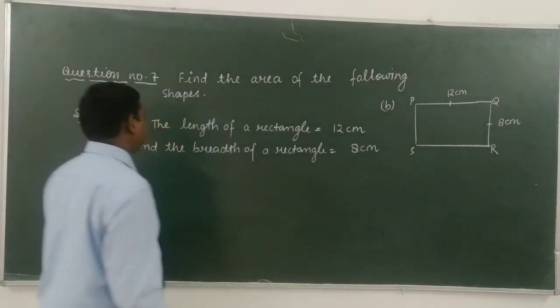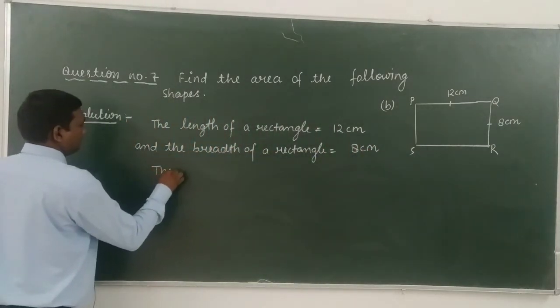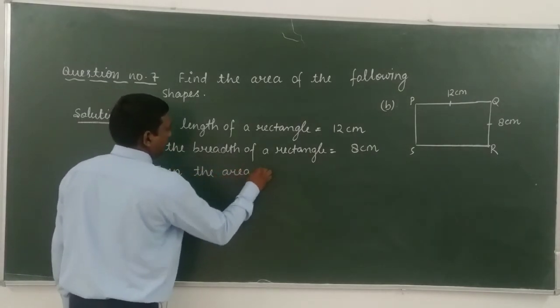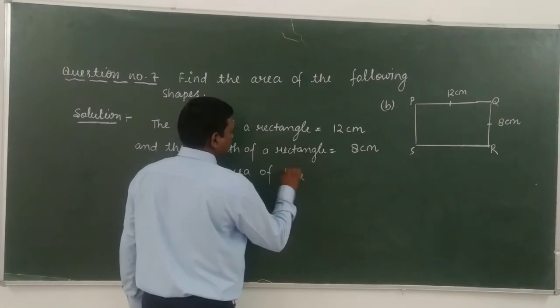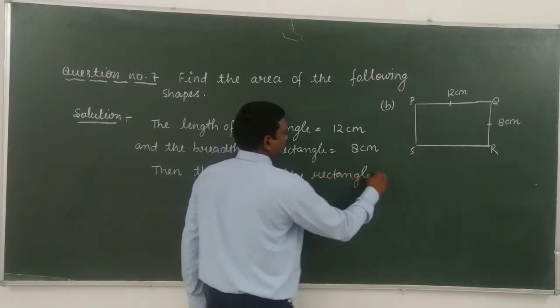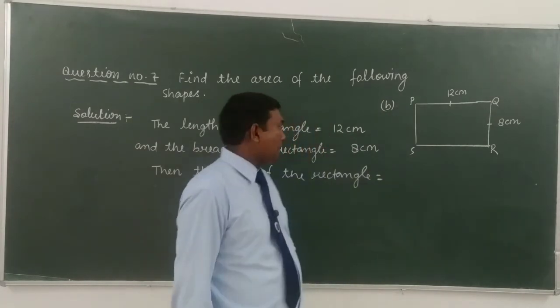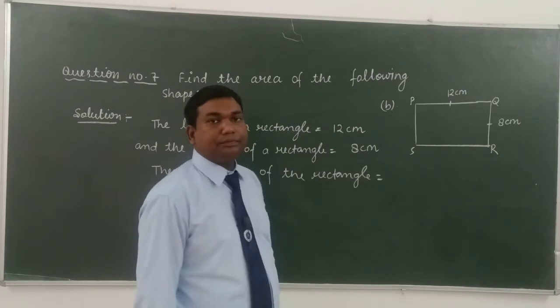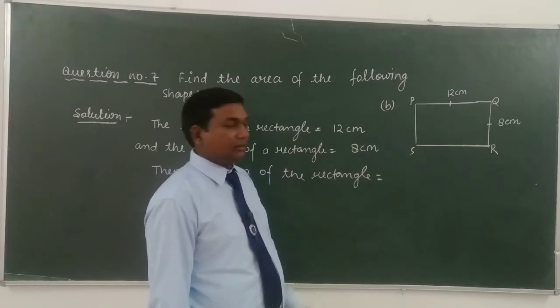Okay, then the area of the rectangle is, if we multiply 8 by 12, then we get the area.